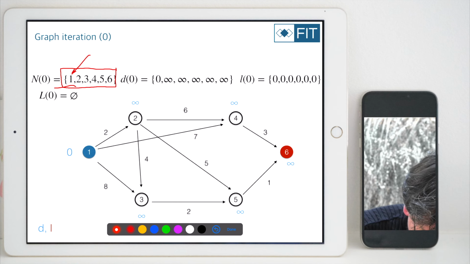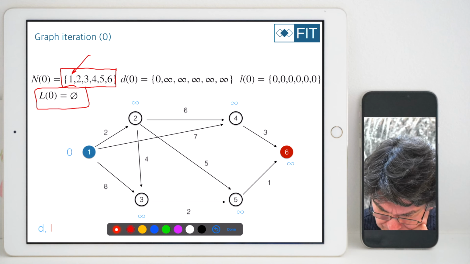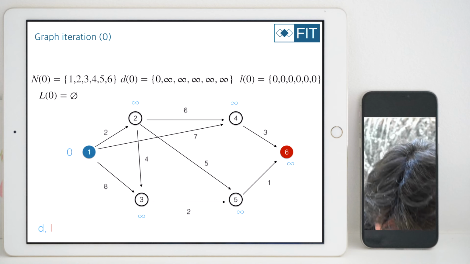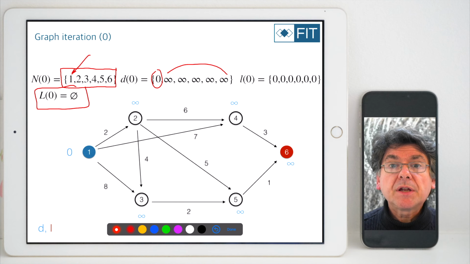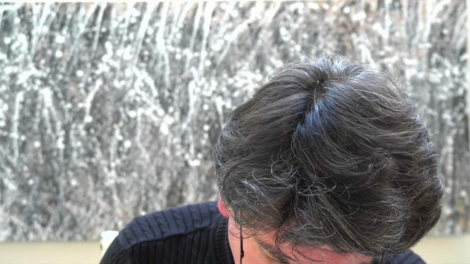Because of that, the amount of knowledge we have is the empty set. Now, we do know that the shortest distance from Toronto is going to be Toronto, 0. The other cities, infinity. This is how we set it up at the beginning. And this is the resulting graph with all of the information there.